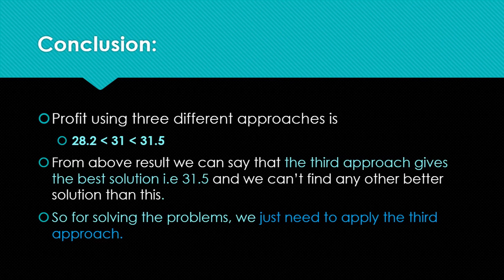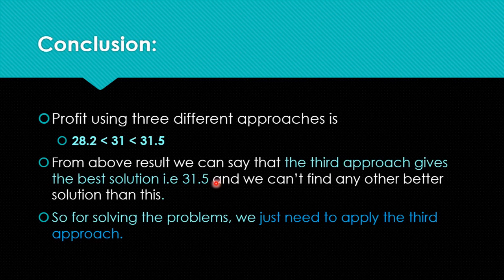Now we have the profit using three different approaches. By the first one it is 28.2, by the second one 31, and by the third one 31.5. From the above results we can say that the profit obtained using the third approach is maximum.